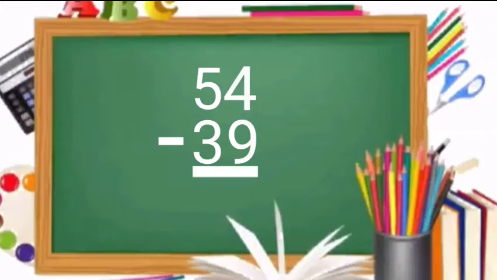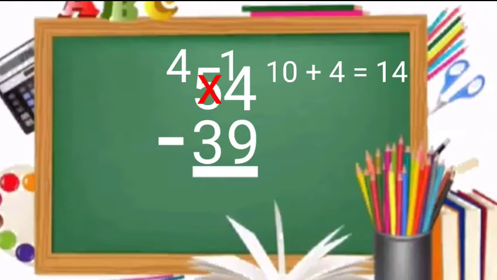If the top number is smaller than the lower number, we just borrow 1/10 from the tens place. Cross out the number you're borrowing from, subtract 1, and write the answer above the number you cross out. And then, add 1/10 to 4 ones, so we've got 14 now.